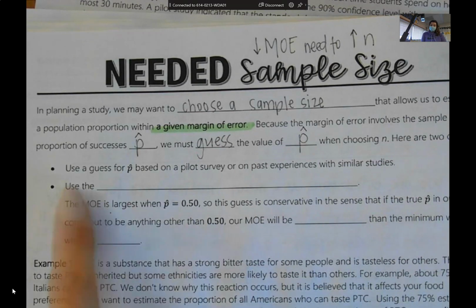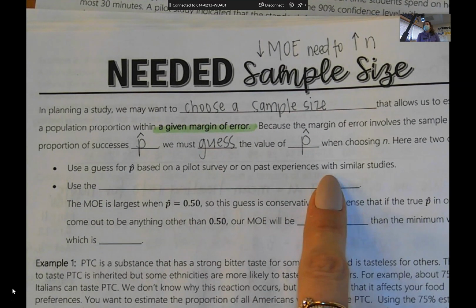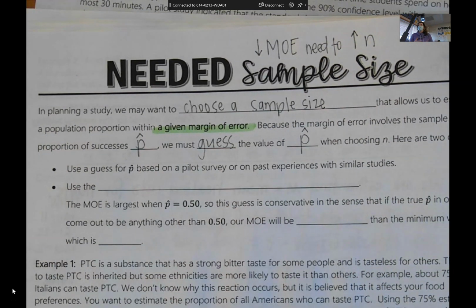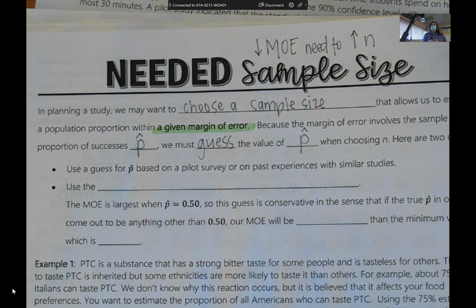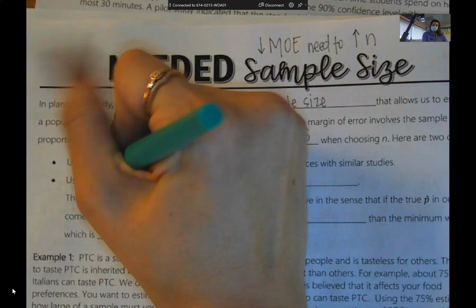Number one, use a guess for p hat based on a pilot survey or on previous p hats that were found in similar studies. So we either use a p hat from a pilot survey or we use a p hat from similar studies. The one that we use the most often, though, is called the conservative estimate.